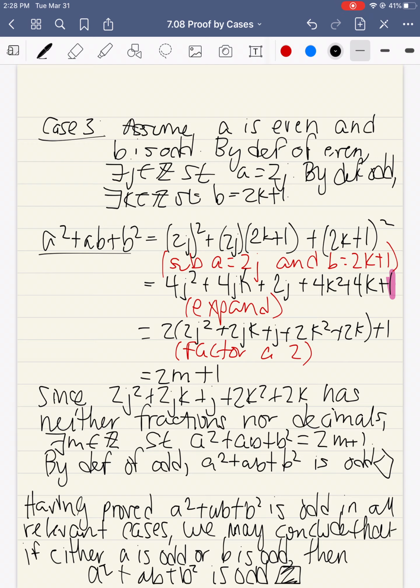So some of these proof methods can be combined, so it's not just in isolation. It's a free for all in regards to the proofs.